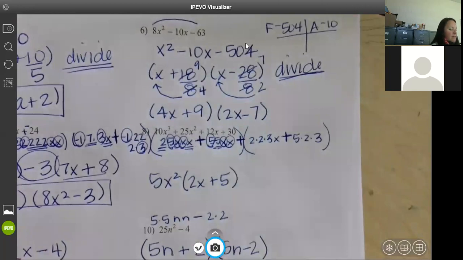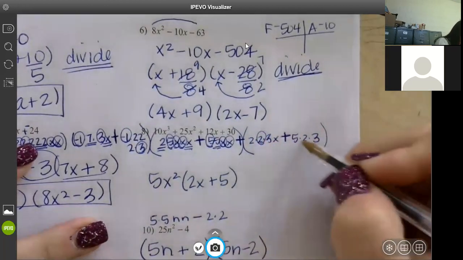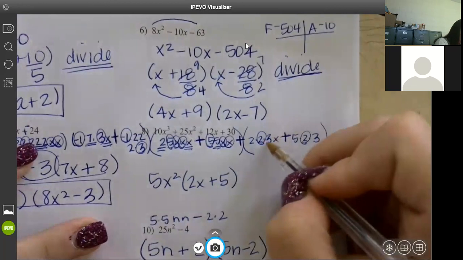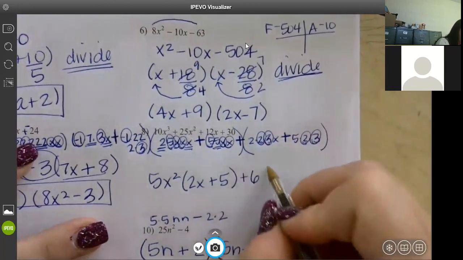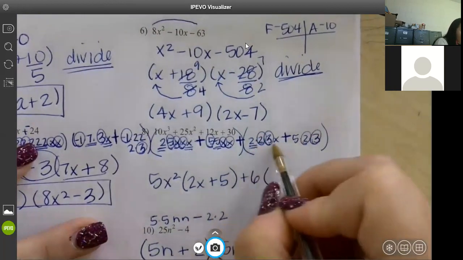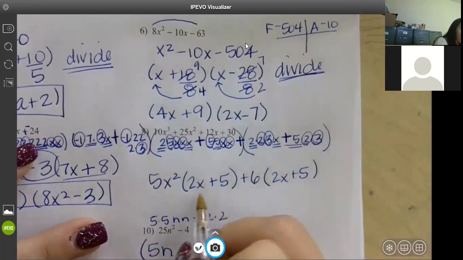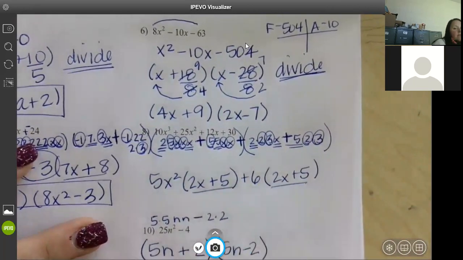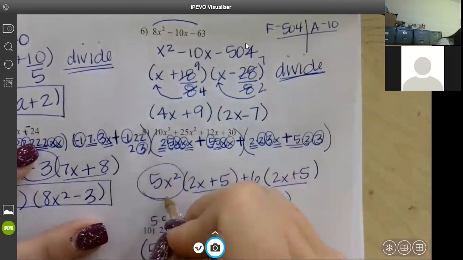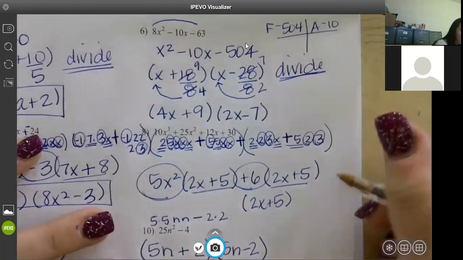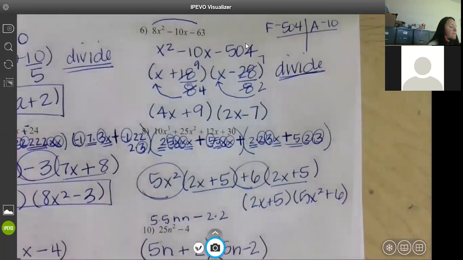What do you have in common in the next set of parentheses? 2 and a 3. 2 times 3 is a positive 6. Read what you have left over. 2x plus 5. Your parentheses look exactly the same. So that means you did it right. So your first factor is 2x plus 5. Your second factor is whatever you had outside of parentheses. 5x squared plus 6. That's it.